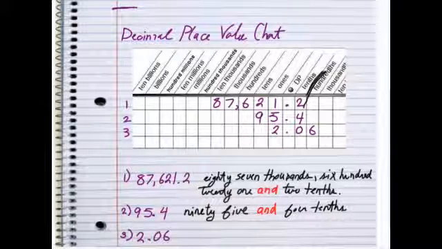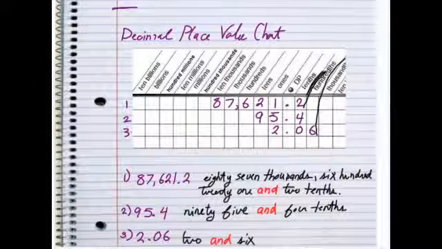Lastly, we have the number 2 and 6. Now that 6 is not in the tenths place, it is in the hundredths place. So I need to name it as such, 6/100, right?